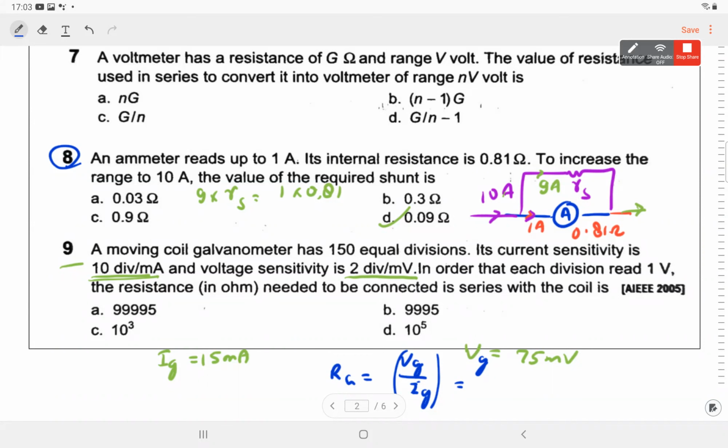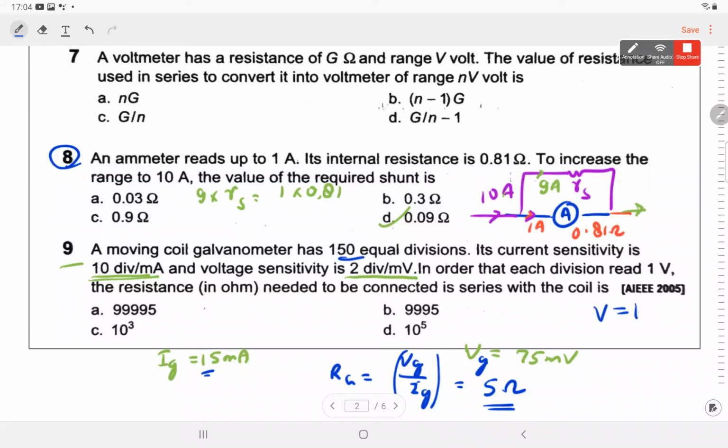We got RG: 75 by 15, the milli cancels out. This is 5 ohm. RG is equal to VG by IG, so we got R and we got I. Now what is it saying? We have to make a voltmeter that reads 1 volt per division, and the total divisions are 150.